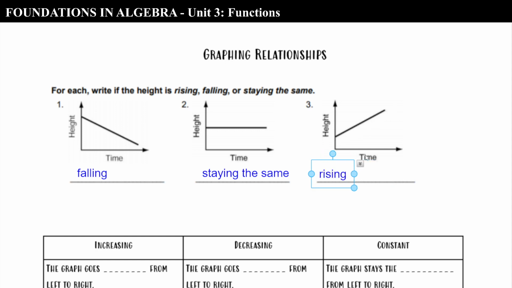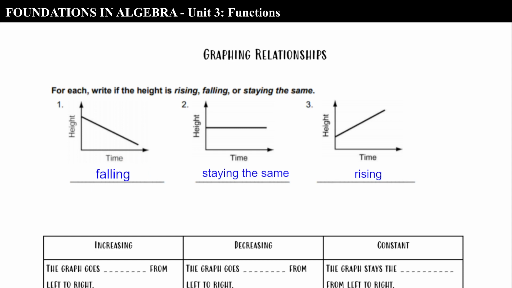So this graph is rising. Okay, so that's three different types of graphs and the way that they can behave as we go from left to right.